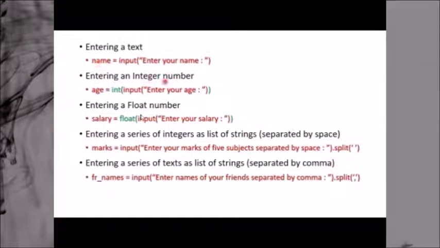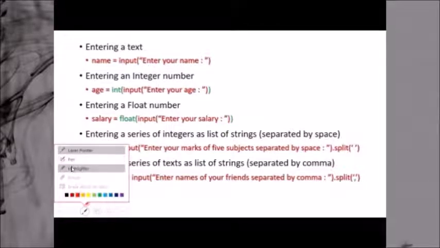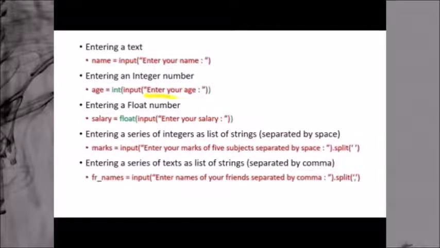If I want to enter an integer number, I say age is equal to int, within the bracket, input, enter your age. This is the prompt.